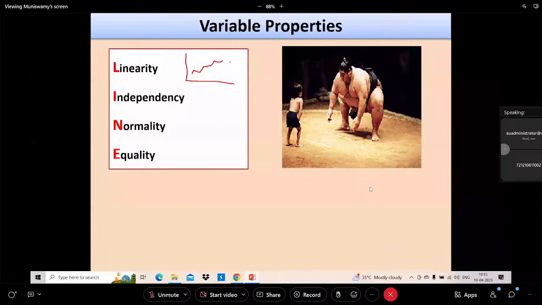Non-linear, in the sense, you take this age and the y-axis. Non-linear means suppose the age has a gap like this, and the difference is very small. For this kind of data, we have to take care to analyze the data.